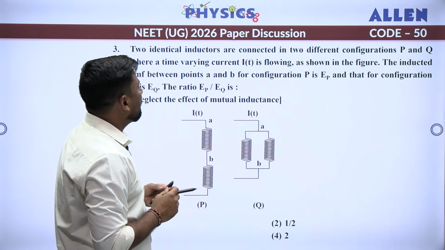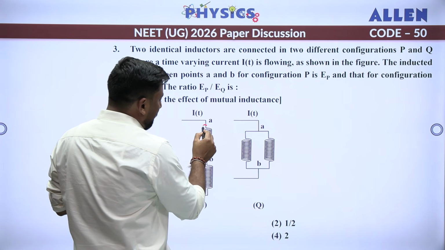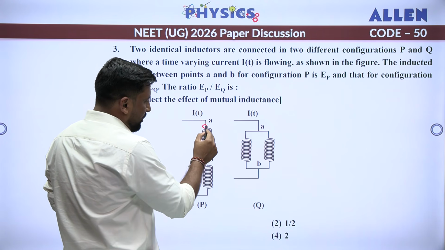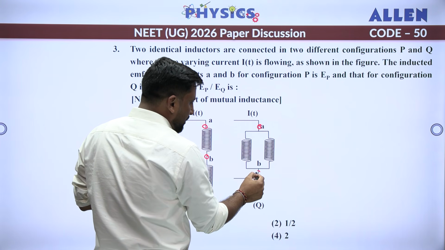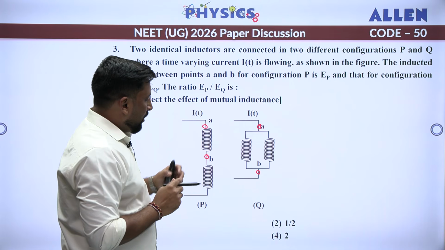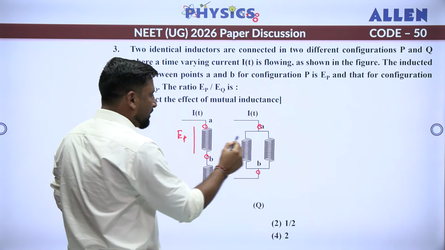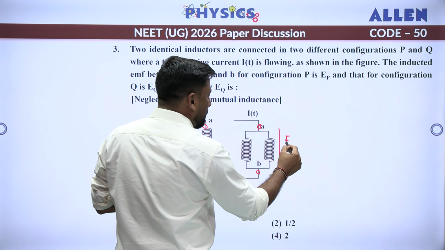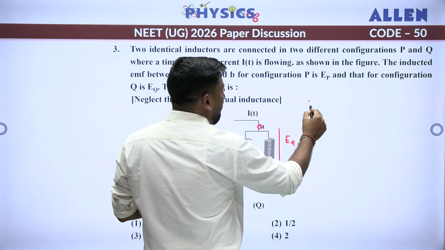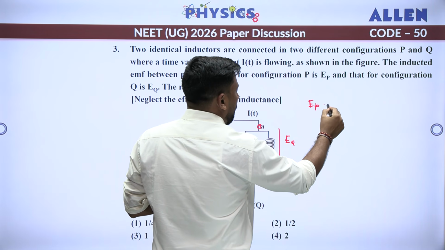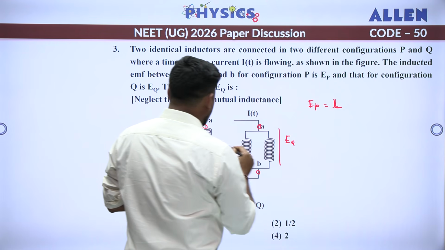Now if we talk about question number 3, we have to find the ratio of the potential difference between points AB, which is here in this first part P, and this is in the second part. They are saying this is EP, and this is EQ. It's very simple. The solenoids are identical, so we can say EP is L into di by dt, where L is the inductance of this.